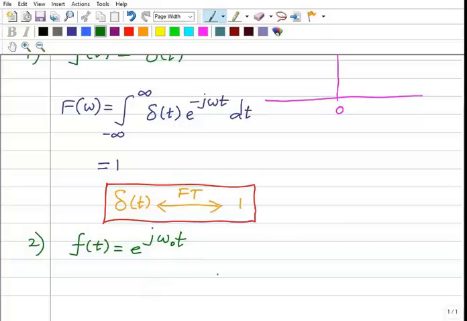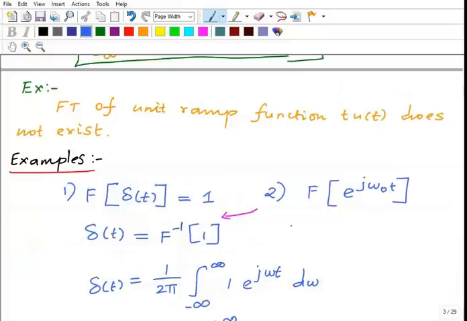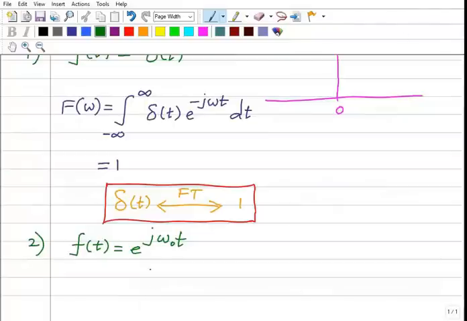So can I write like this? Listen here. Inverse Fourier transform of 1 is delta t. Shall we write like this?